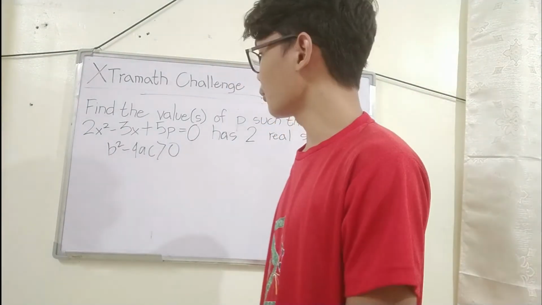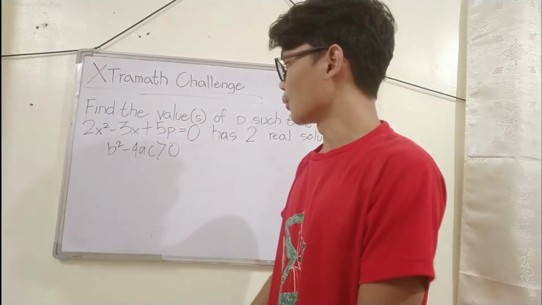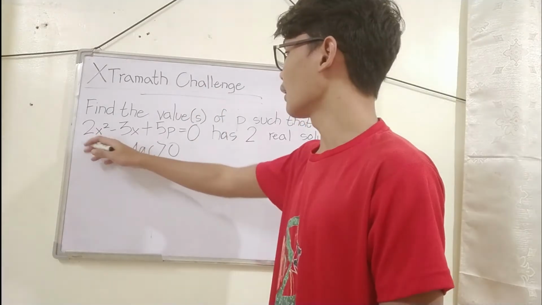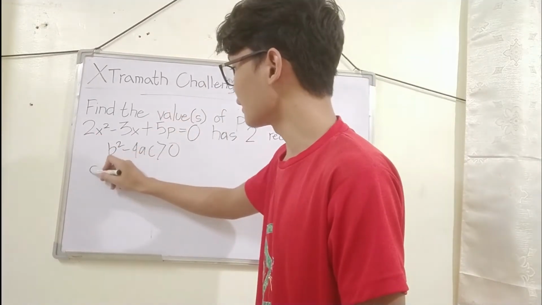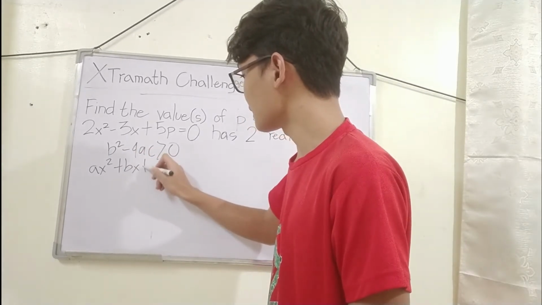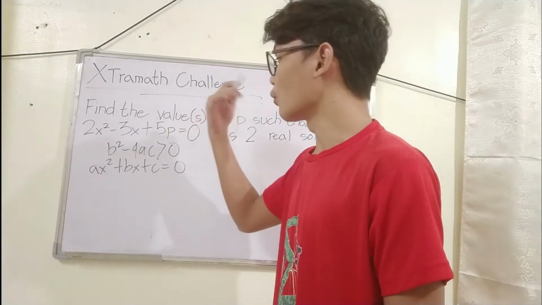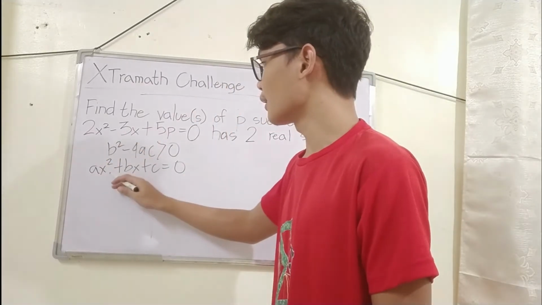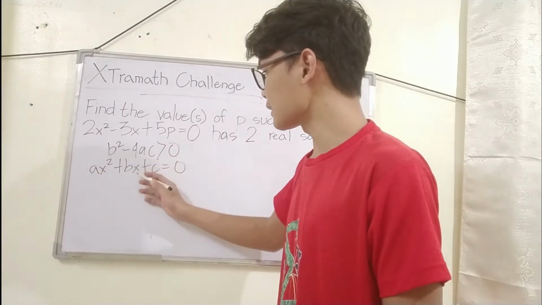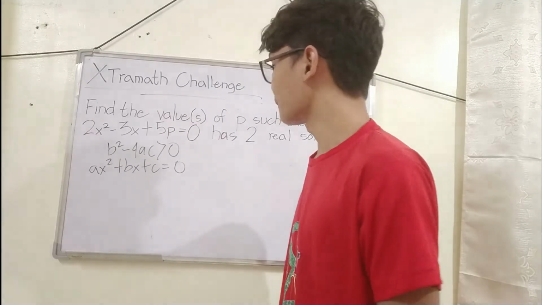Now our question is, what are the values of these variables? Let us remember that the standard form of a quadratic equation is ax² + bx + c = 0. That means that the coefficient of x² is our a, the coefficient of x is our b, and the constant is our c.